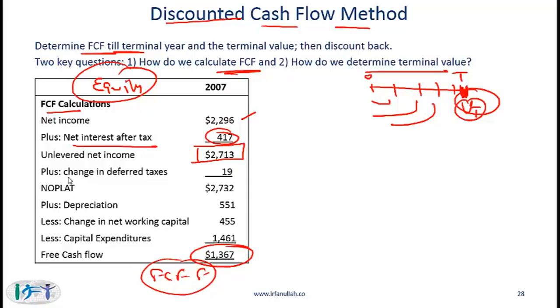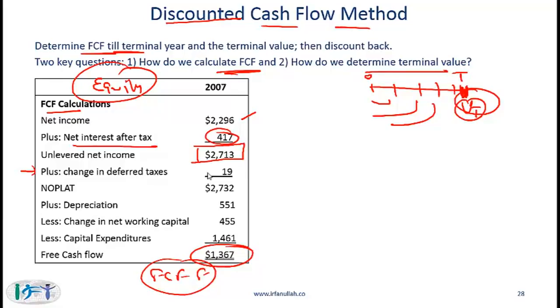Then this is something that will bring back pleasant memories of a reading called Income Taxes at Level 1, where if you recall, many large companies, because of different depreciation methods on the financial statement versus the tax statement, will have deferred tax liabilities. So when there is an increase in a deferred tax liability, an increase in a liability is a source of cash.